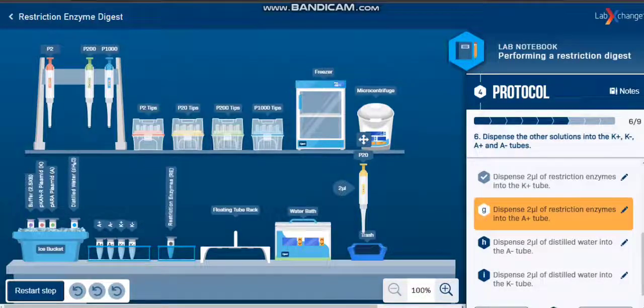Transfer 2 uL of restriction enzymes into the A plus tube.